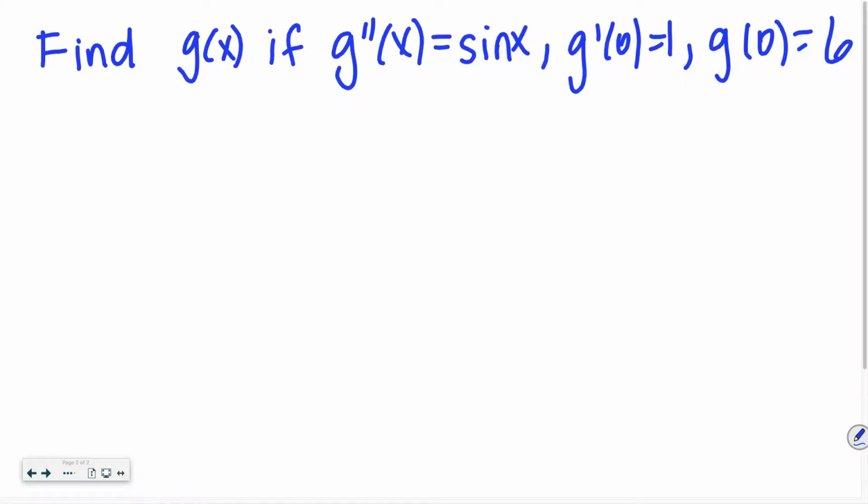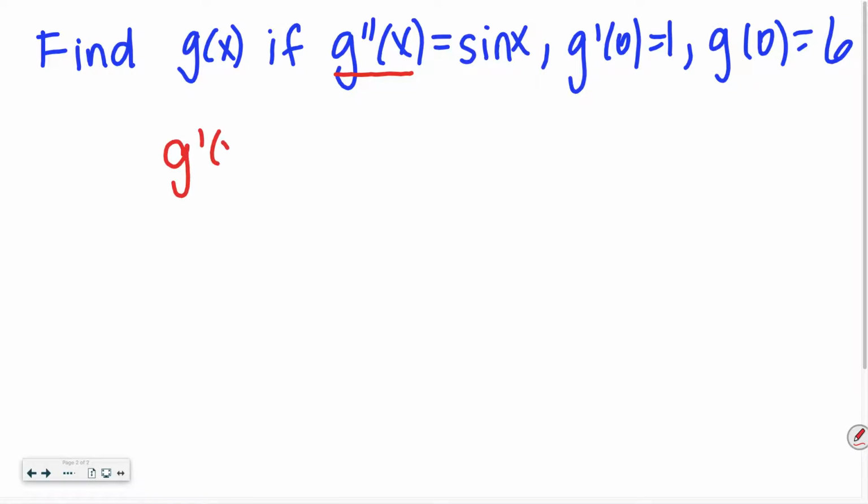Is this problem exactly like the first one? How many times do we get to do this one? Lots. Okay, so if we have the second derivative, then going backwards once, we would get to the first derivative, right?